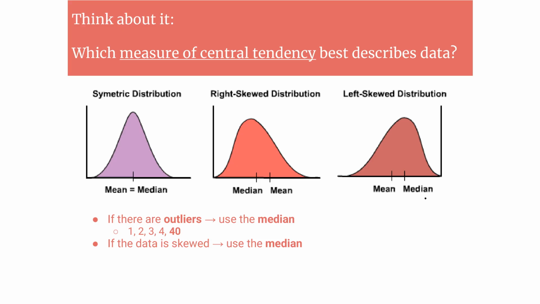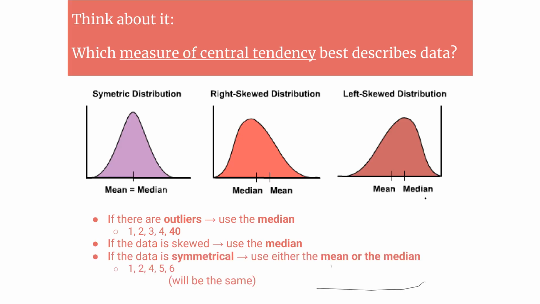If the data is skewed, we typically use the median, and it will be skewed if we have a very strong outlier, as we did in the first example. If the data is symmetrical, we can use either the mean or the median. They'll be quite similar typically. So in this case, the median value is 4. If we calculate the mean, we take 1 plus 2 plus 4 plus 5 plus 6, so we get 18.